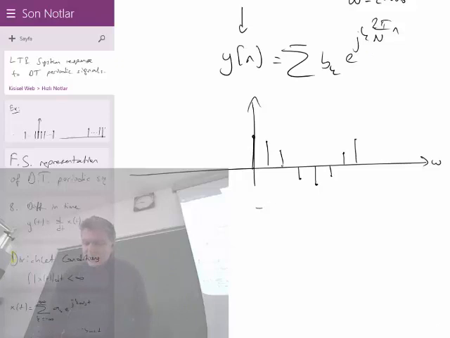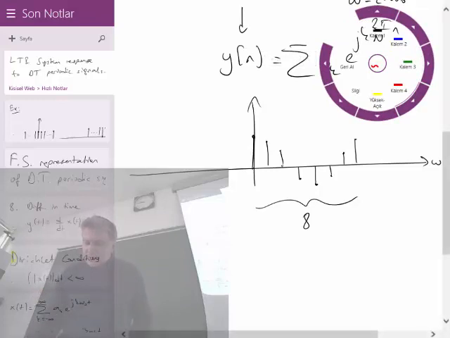So what is the period? Here, let's count. It's 8. The period is 8. And we have 8 distinct Fourier series coefficients. Let's draw them like this, just arbitrarily. Then they must repeat themselves.